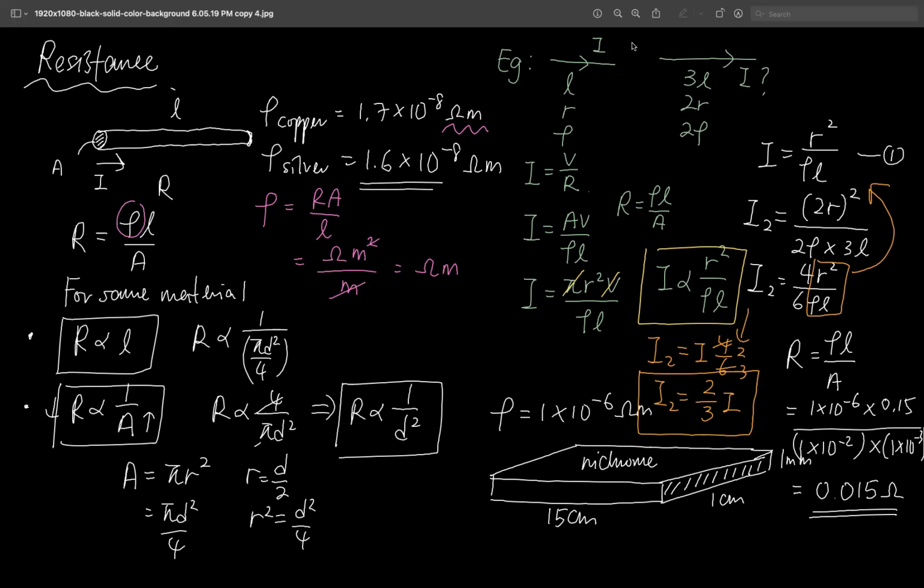P equals IV. With Ohm's law, V equals IR, we get P equals I square R and P equals V square over R. These two are used to calculate power dissipated or power loss, because both equations have resistance.